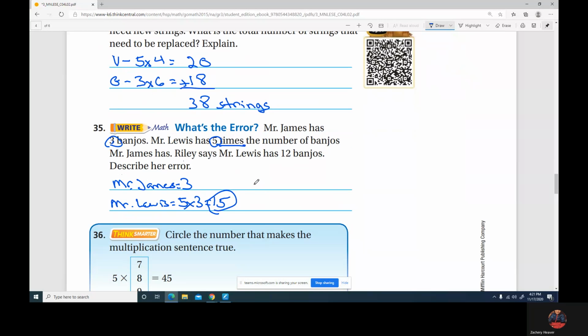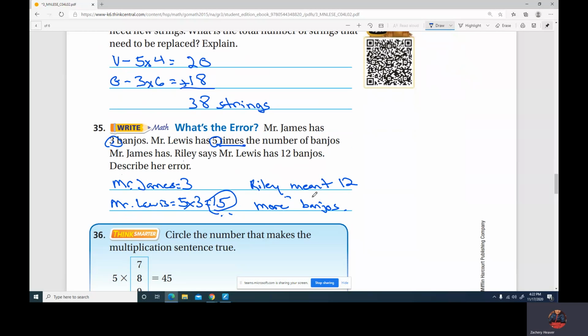What Riley did was take 15 minus 3 and got 12. So although Mr. Lewis has 12 more banjos than Mr. James, Mr. Lewis actually has 15 banjos.